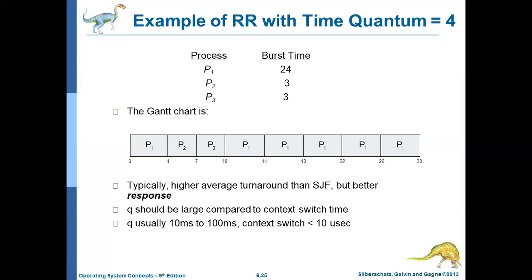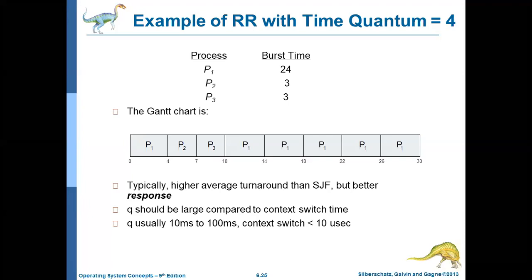Afterwards, P1 starts again at 10. 10 minus 4, as it already completed 4 units of execution, gives 6 as the P1 waiting time. P2 waiting time is 4. P3 waiting time is 7.